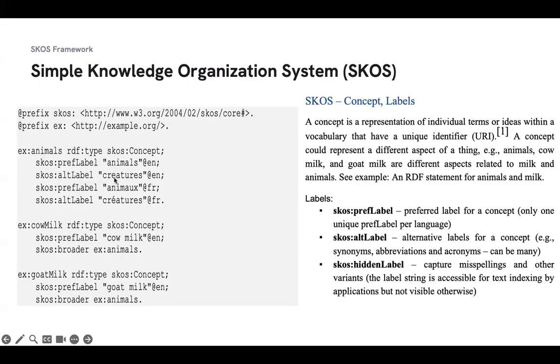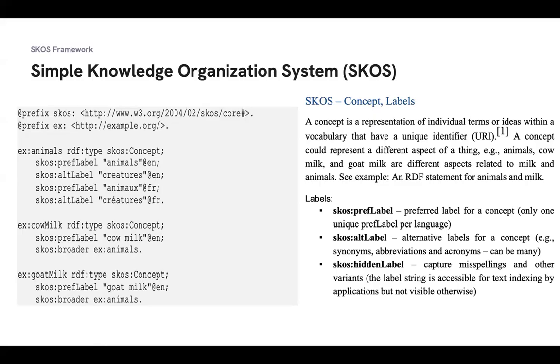There's also an alternate label, which is saying this can replace that. So now here you see EN, which is referring to the language. Again, in ontology we can work with language, by specifying that a concept can be represented in multiple languages.